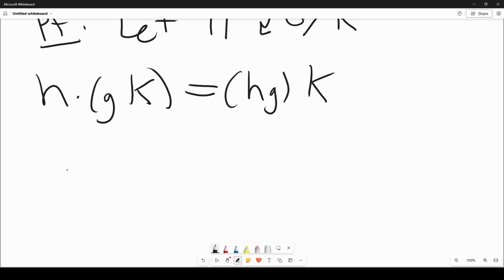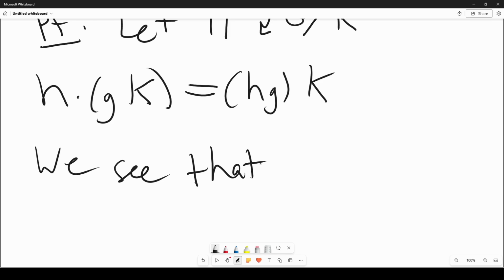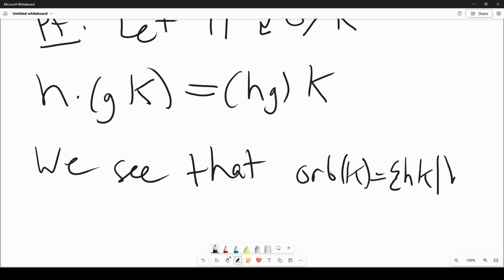So I find that if I want to find, let's say, the orbit of just K, the subgroup K, is going to look like all those elements hK for all h in H. Right? Because the orbit is just where everything gets sent, and so if you multiply by h everywhere, you're just going to get hK.